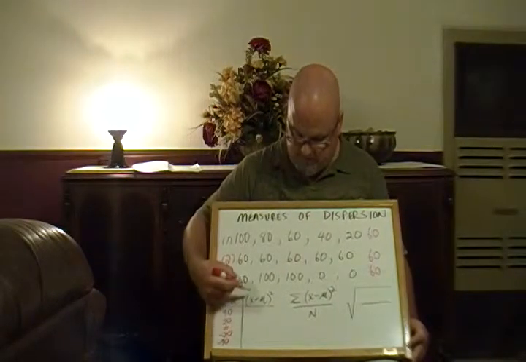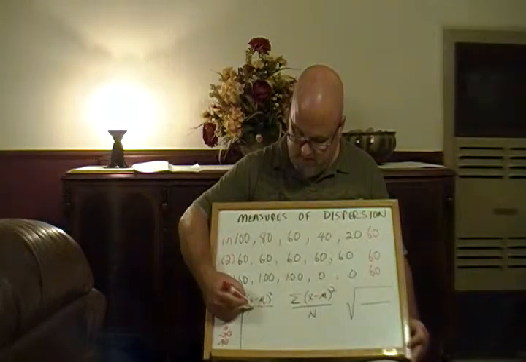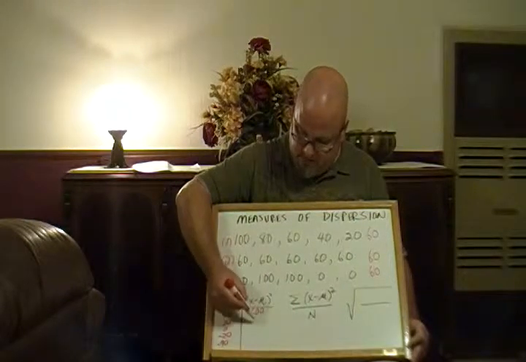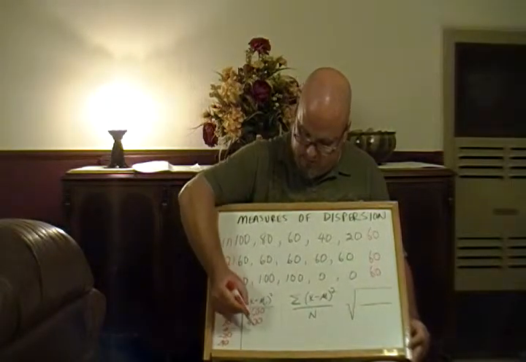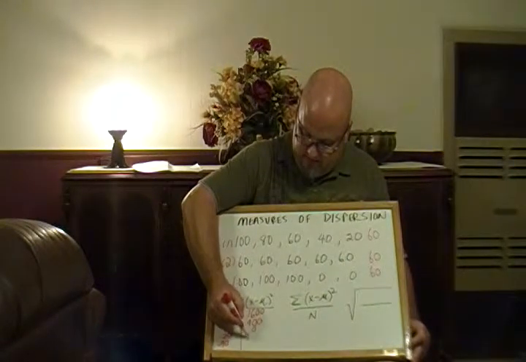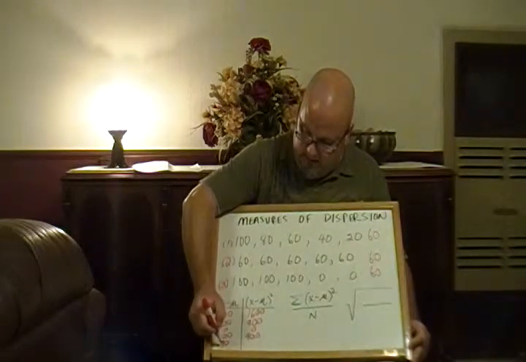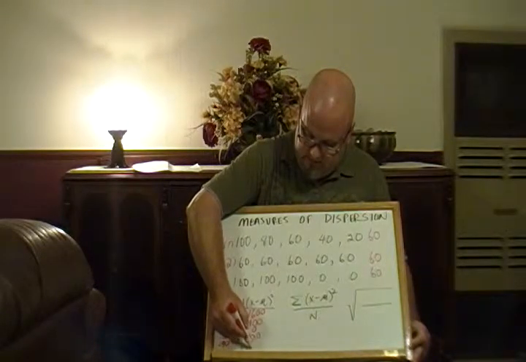So the formula takes care of that by squaring it. 40 squared is 1600. 20 squared is 400. 0 squared is 0, of course. Negative 20 squared is positive 400. And negative 40 squared is positive 1600.